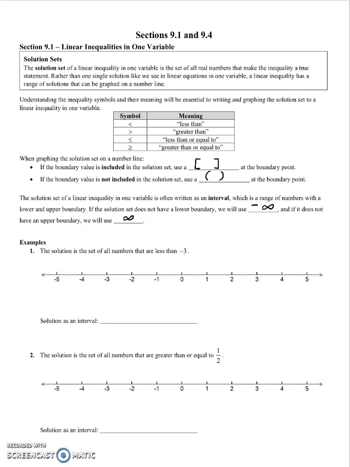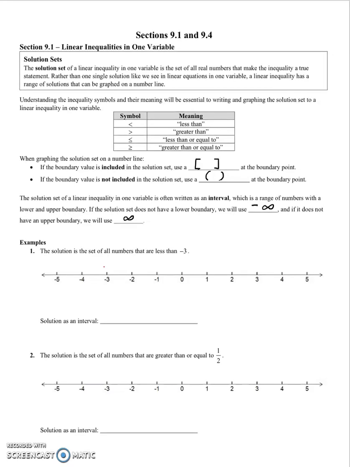So for example, the solution is the set of all numbers that are less than -3. So we go to -3 on the number line, and it says less than. That means that the -3 is not included.